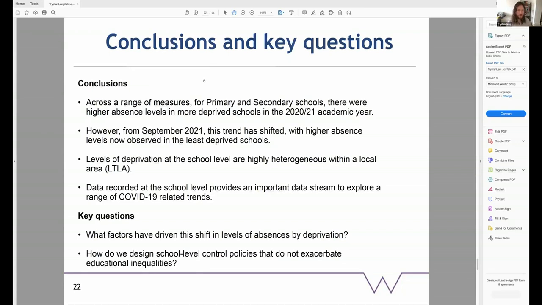Here we've done it for deprivation, but this is potentially a really useful resource across a range of domains. And the key questions this brings up are, what factors have driven the shift in levels of absences by deprivation? And from a policy perspective, how do we design school level control policies that do not exacerbate educational inequalities?